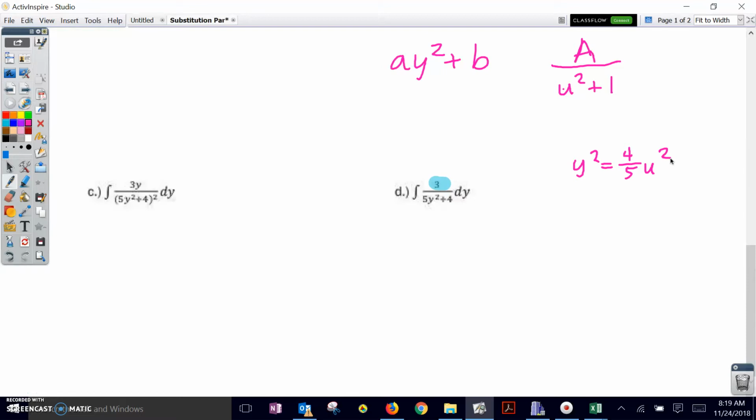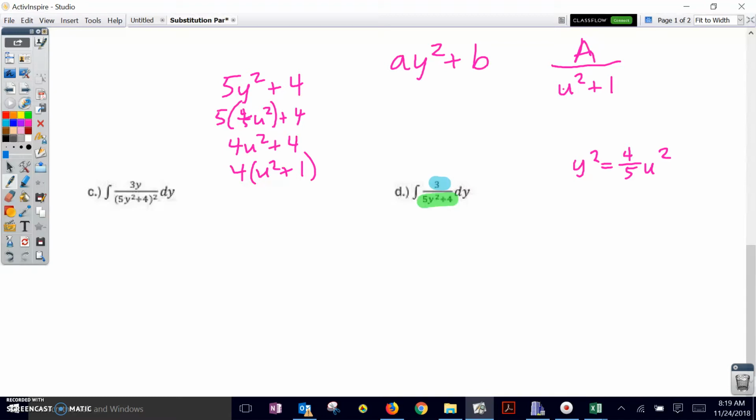Well, if we take this expression right here, the 5y squared plus 4, and we replace y squared with 4/5 u squared, it turns into 4u squared plus 4, which we can factor a 4 out of. And then we've got a u squared plus 1. Okay? So we want to replace y squared with 4/5 u squared.